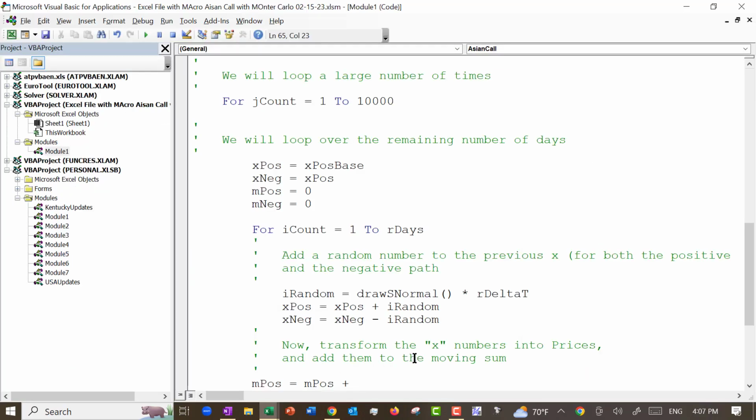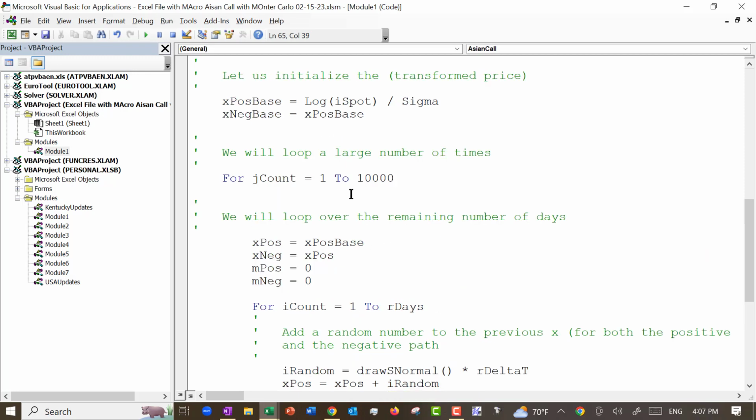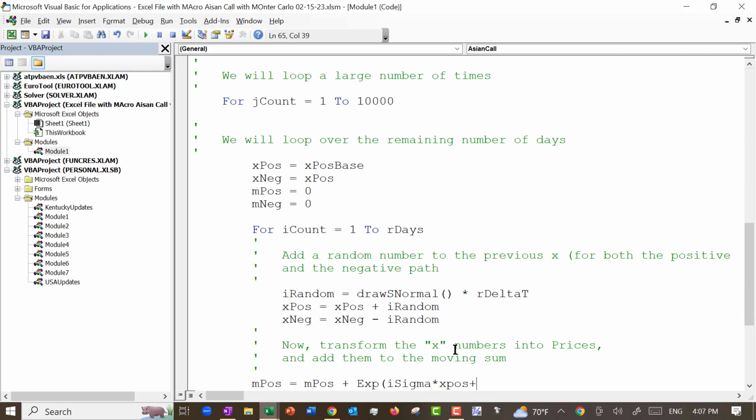So sigma times x pos plus, what was that, r min sig 2 times icon times delta t.